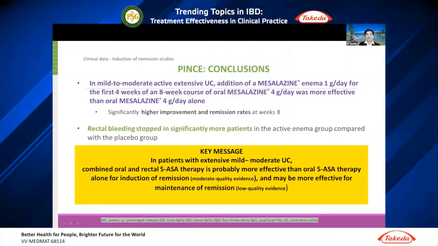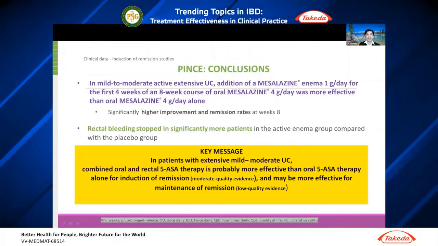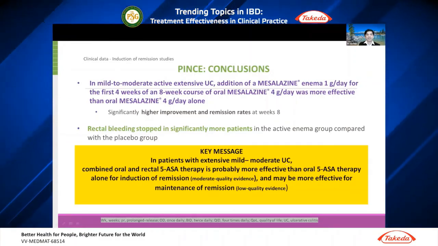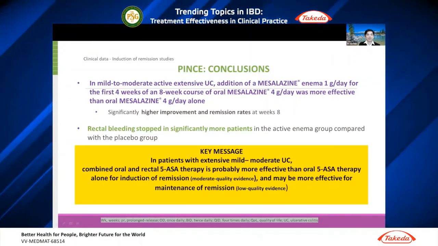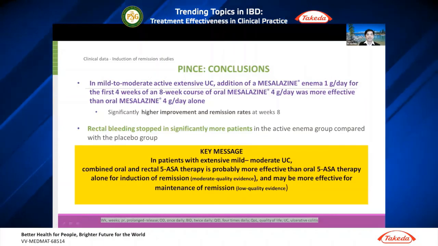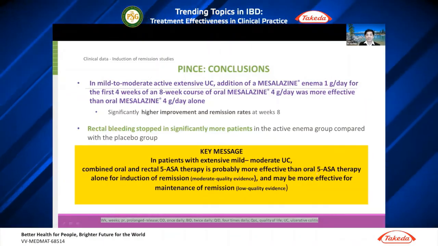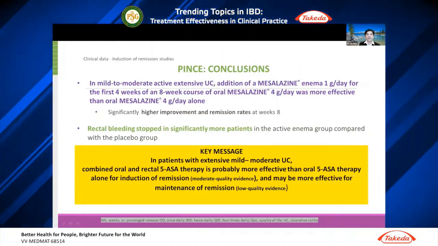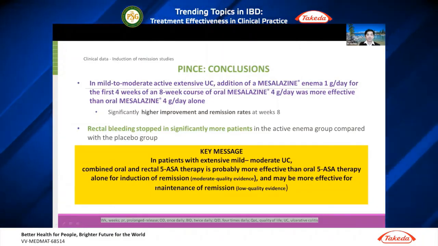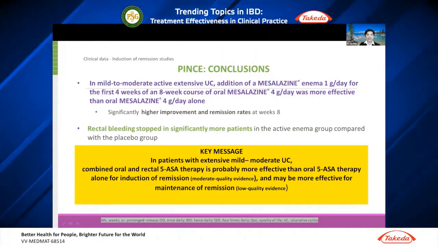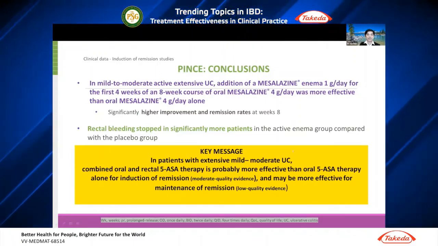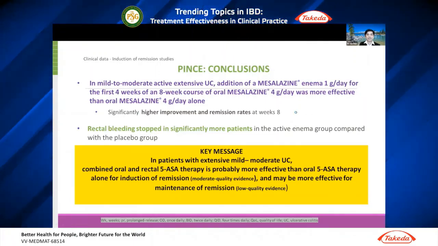So the key message here is in patients with extensive mild to moderate UC, combined oral and rectal 5-ASA therapy is probably more effective than oral 5-ASA therapy alone for induction of remission and maybe effective for maintenance of remission.